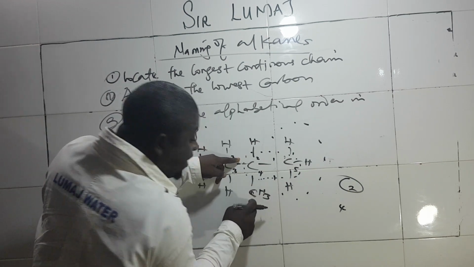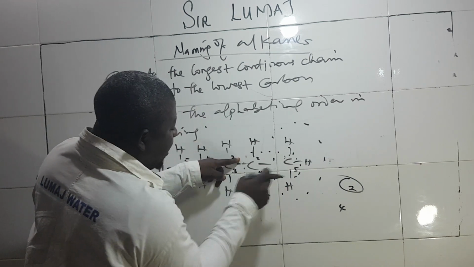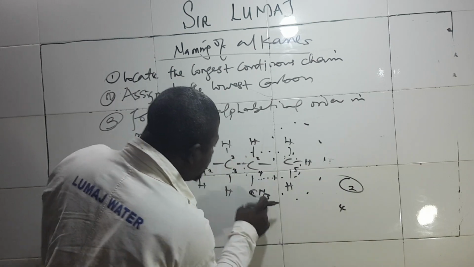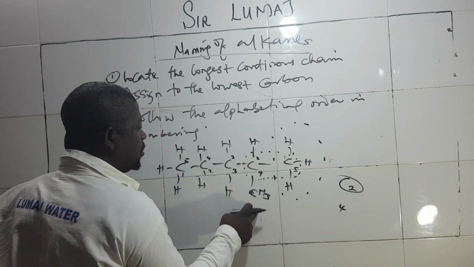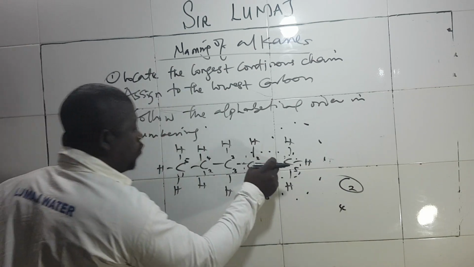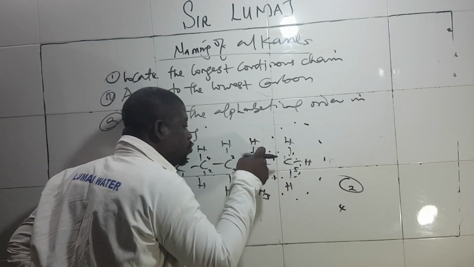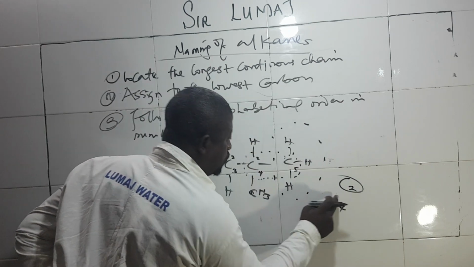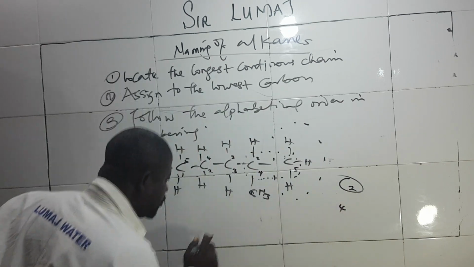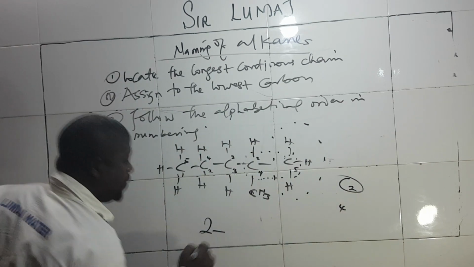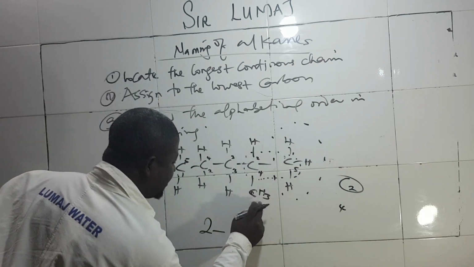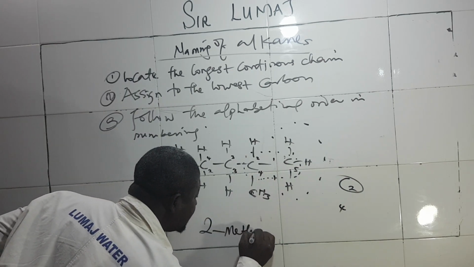Don't forget, this CH3 is an alkyl. Alkyls are attached groups. So for you to now name this compound, the attached group is on carbon number 2 from this rule. So it will now be 2. What do you have on carbon number 2? Methyl, so 2-methyl.